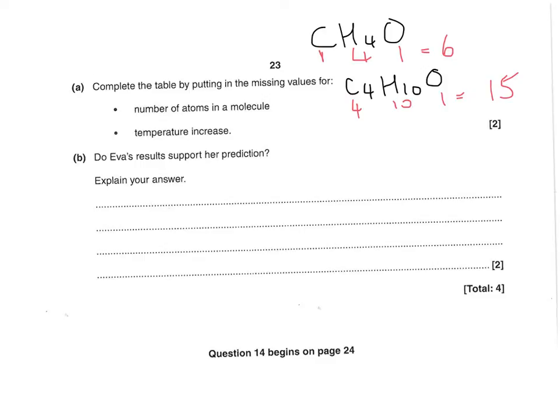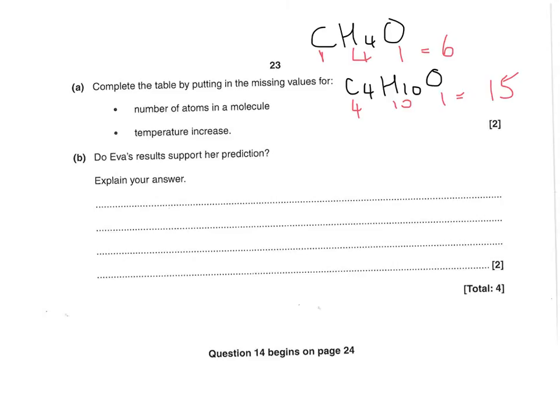And it says, do Eva's results support her prediction? Explain your answer. So you could put yes or no here. If you put yes, you could say that there's a temperature increase from methanol to butanol where the number of atoms are increasing. If you put no, then you could put that pentanol has the most atoms, but it has a lower temperature increase than the butanol.